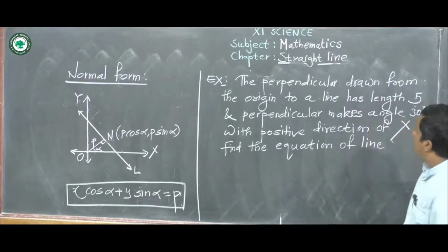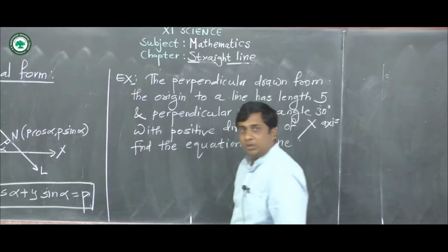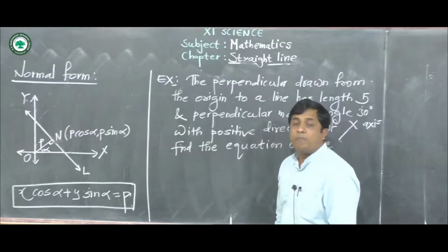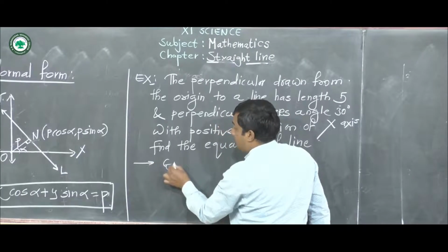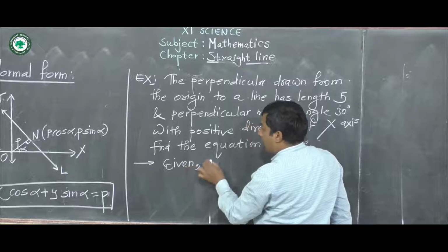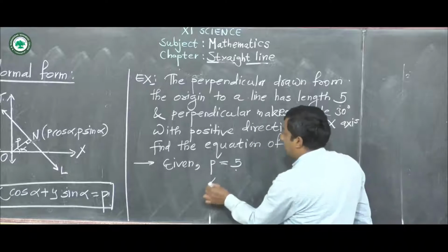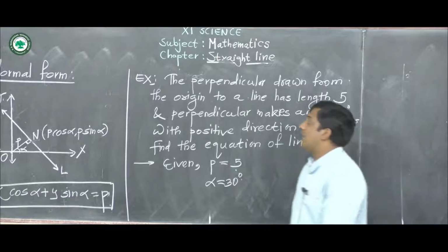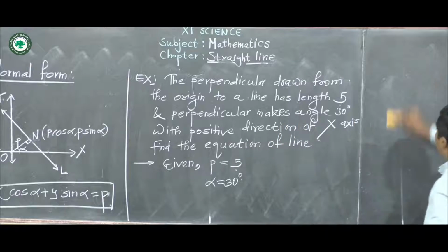Also given, the perpendicular makes an angle of 30 degrees, that is, alpha is 30 degrees. So I write the given things first: P is equal to 5, alpha is equal to 30 degrees, and by using our normal form we find the equation of the line.